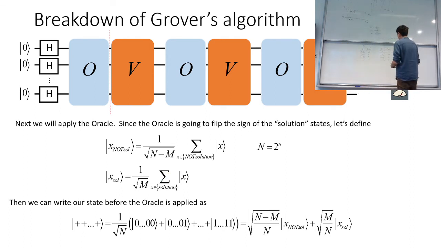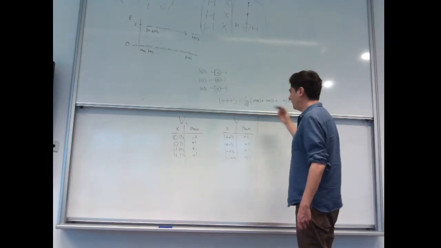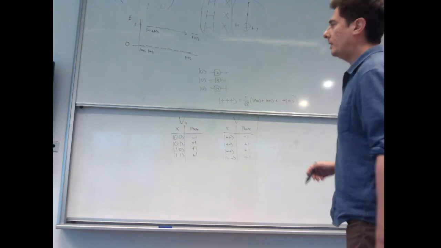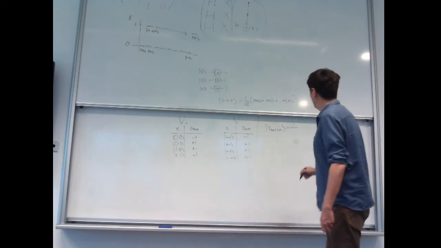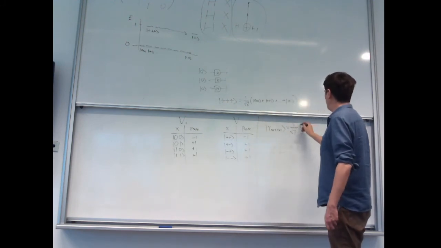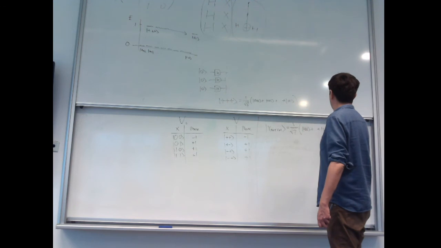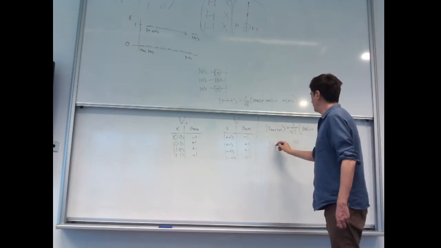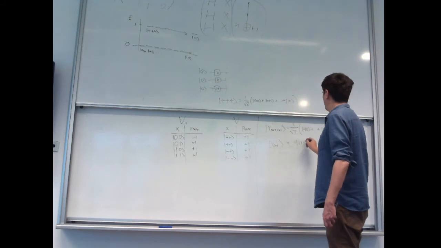To give you an explicit example, if we're doing Danny's case, then x not solution would be equal to square root of 7, 0, 0, 0, all the way up to 1, 1, 0, and x solution would be just 1, 1, 1.